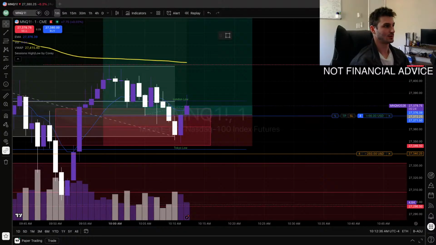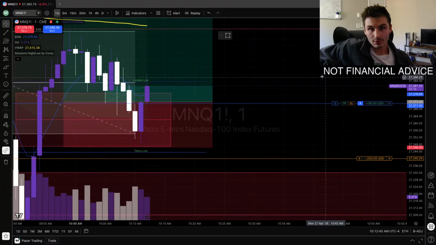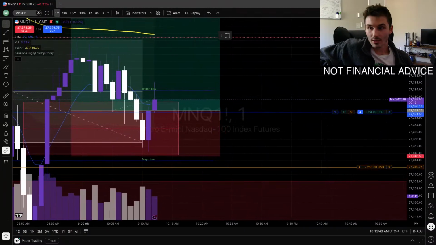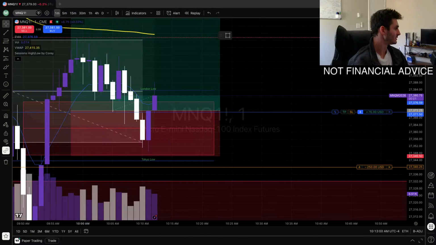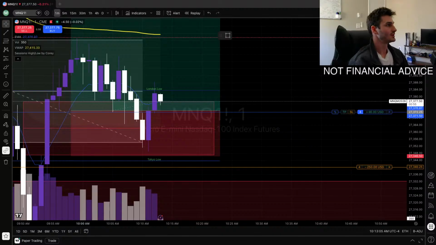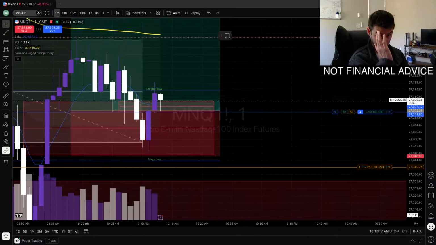We might make a lower high though. We might. That's what I'm worried about. We might just make a lower high here. We did just disrespect that and respect the inversion, but it's only 1 minute.